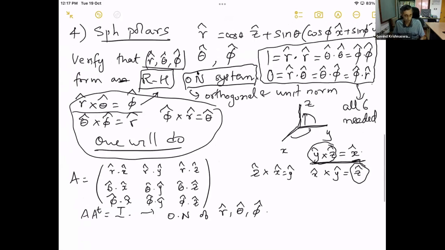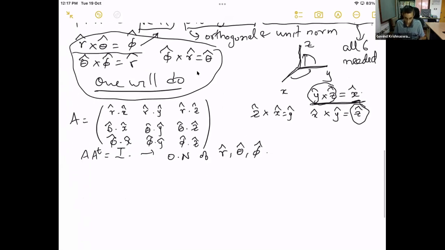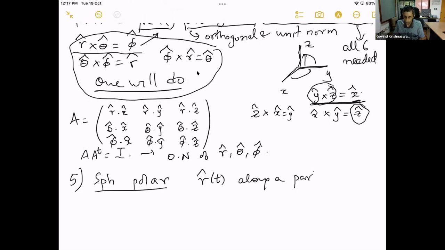Now that was the 4th problem. Just a couple of remarks about the 5th problem. The 5th problem again involves spherical polar coordinates, but this is concerning the trajectory of a particle. We are looking at r hat of t along a particle's trajectory.